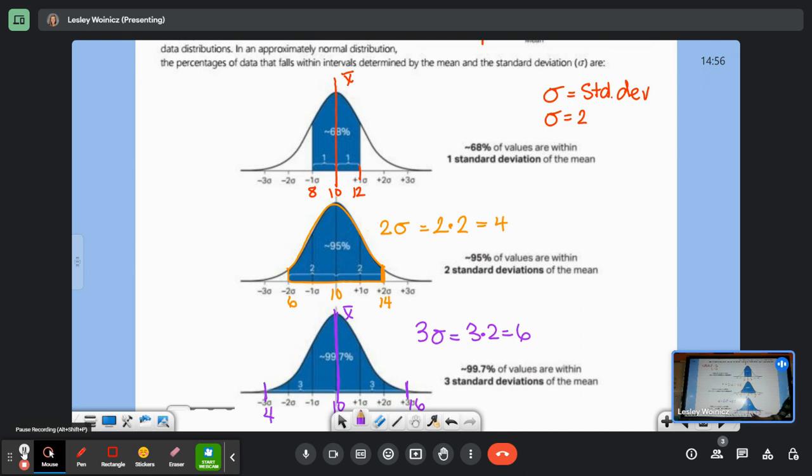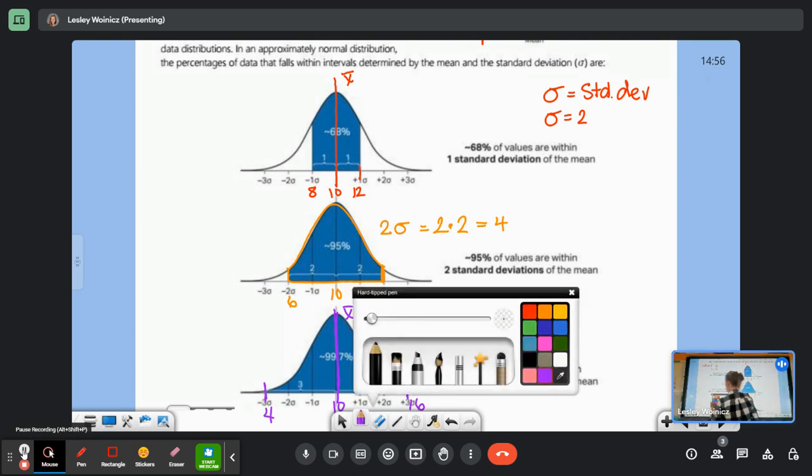So just because we're subtracting sigmas doesn't mean that we're going to be at a negative value. Does that make sense to everybody? Okay. 99.7% of our data falls within 3 standard deviations of our mean. Very nearly everybody.